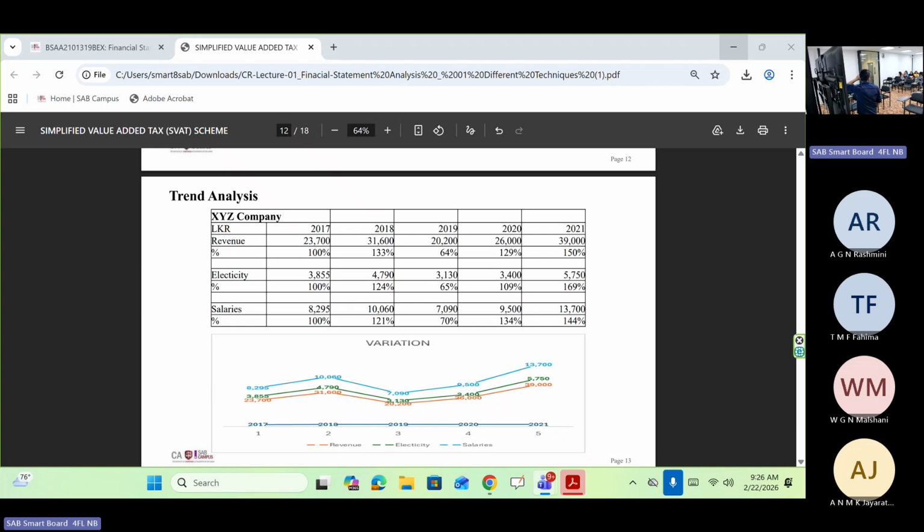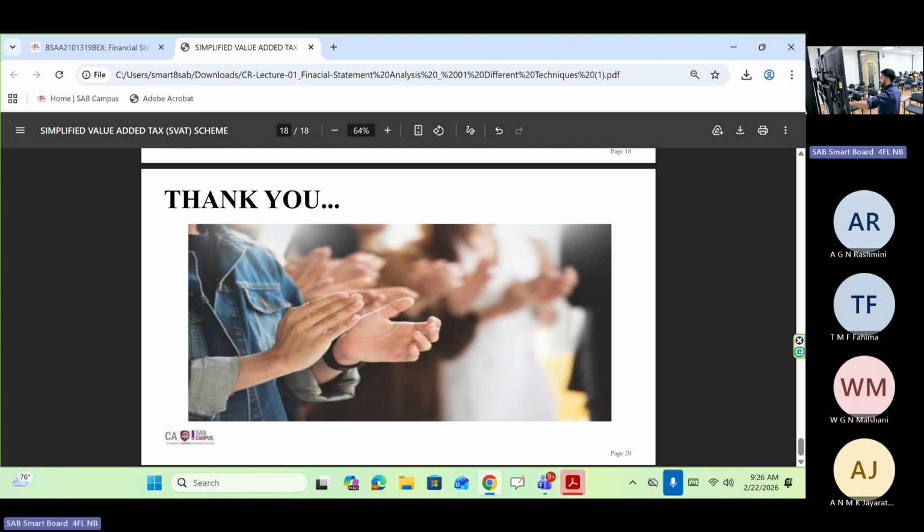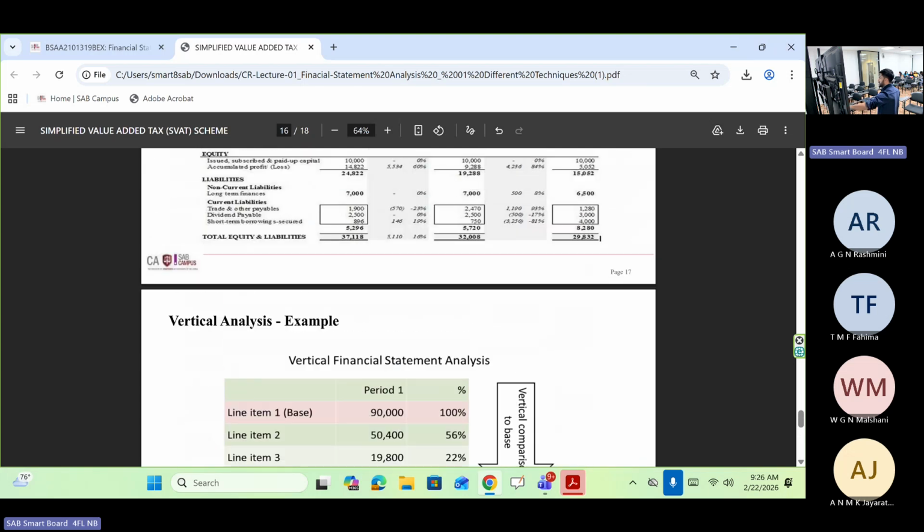As I explained, before you are doing trend analysis, you should have expectations, right? After the analysis, results should be compared with your expectation. That's a basic understanding, right? And then we are moving to this analysis.